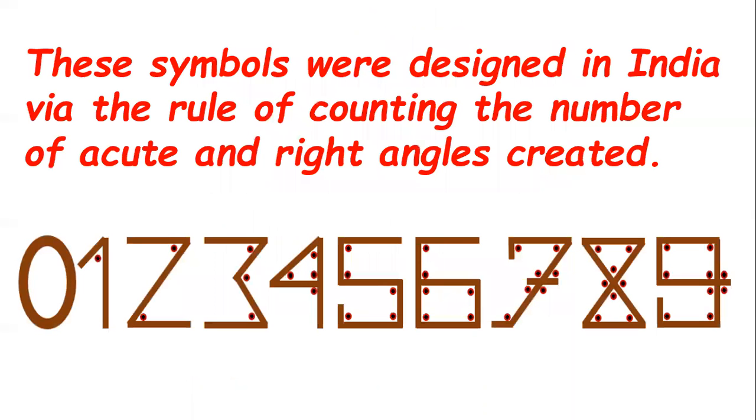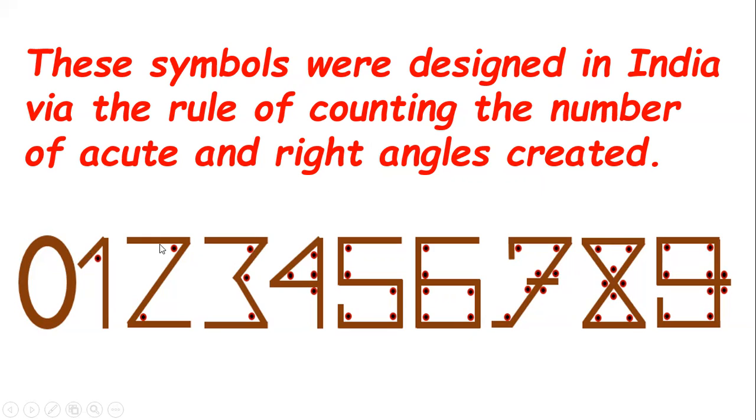These symbols were designed in India via the rule of counting the number of acute angles created. So a symbol has to be created for 0. The word 0 is a circle with no angles. A symbol created for 1. Here it is. And the technique that they used was a symbol with only 1 angle.